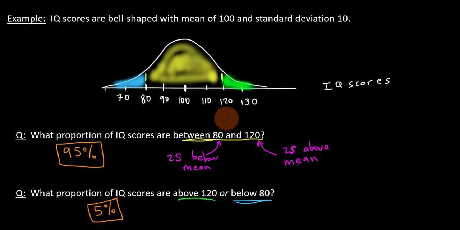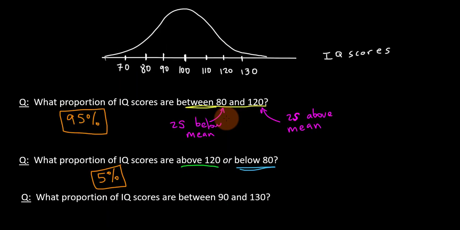Okay, we're going to do a couple more questions, but I'm going to clean off my space here. All right, next question. What proportion of IQ scores are between 90 and 130? Again, what I like to do is sort of color in this region where I want to find the answer.